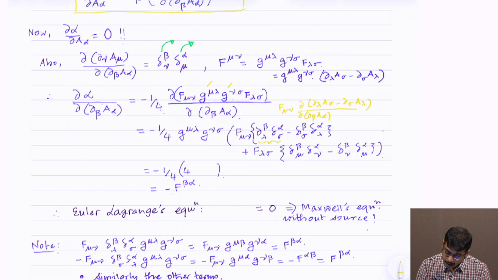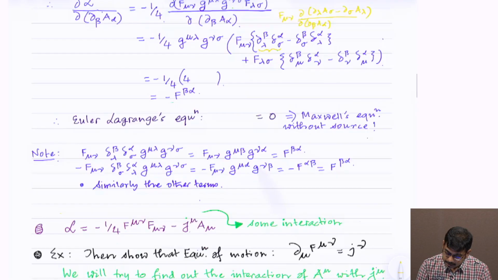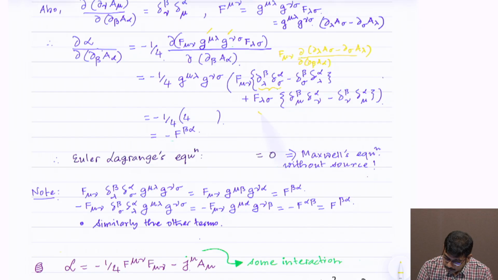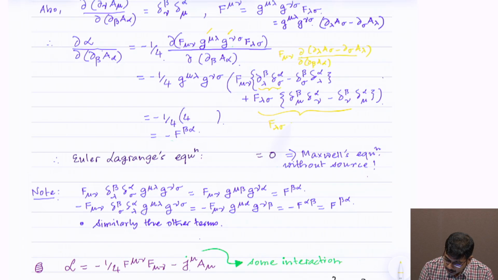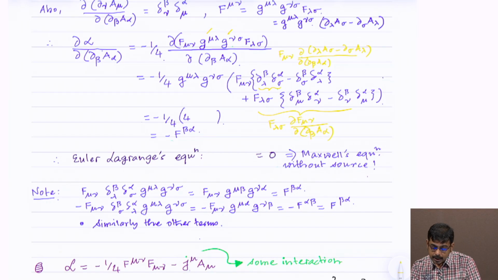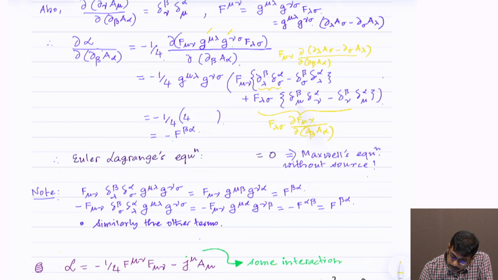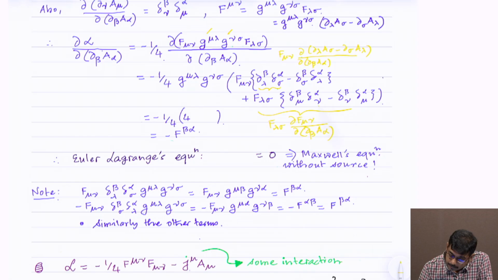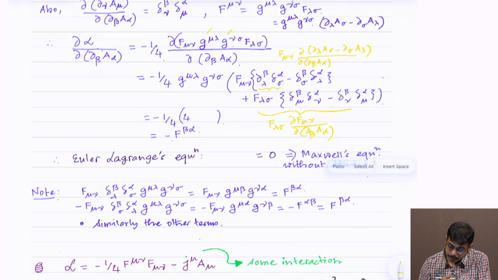For the second term, it is basically the derivative of f mu nu, f lambda sigma del of f mu nu of del beta A alpha. Once again f mu nu is del mu A nu minus del nu A mu. So this is the Kronecker delta of beta mu, Kronecker delta alpha nu, minus delta beta nu delta alpha mu.